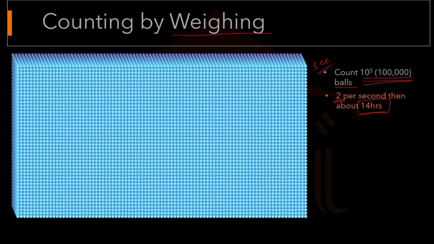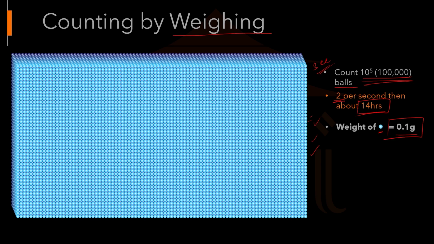But the advantage with this set of substance, which is identical in nature, like each of these balls is identical to the next one, is that you can weigh out one ball. Suppose the weight of one of these balls is 0.1 gram.